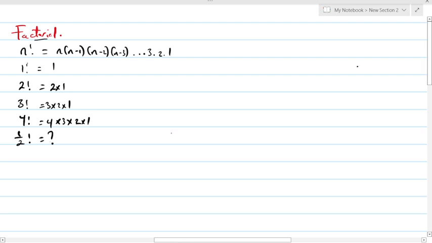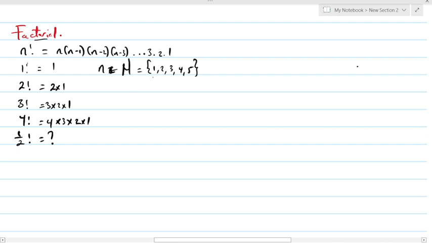You want to try it? Alright. So you need to note that in the value of n factorial, our n here is a positive integer, that is 1, 2, 3, 4, 5, and so on. You see that?